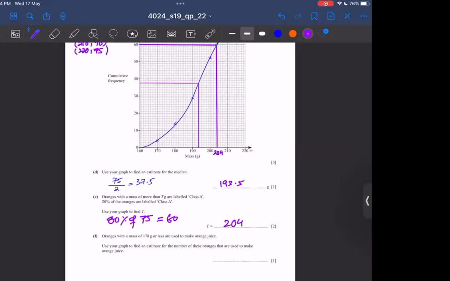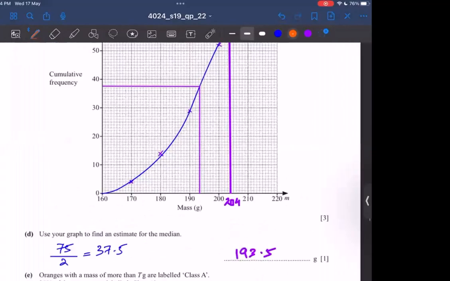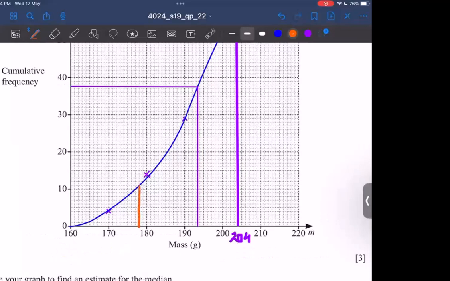Oranges with the mass of 178 grams or less are used to make orange juice. Use a graph to estimate the number of these oranges that are used to make orange juice. So 178 grams, where is 178? 178 is going to be here. The cumulative frequency over here is 11.